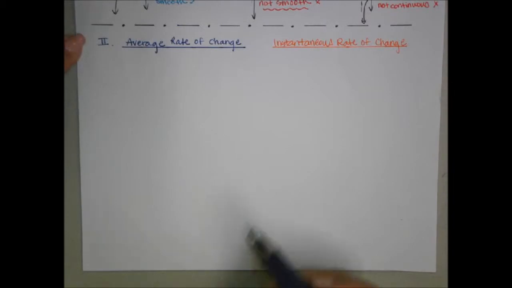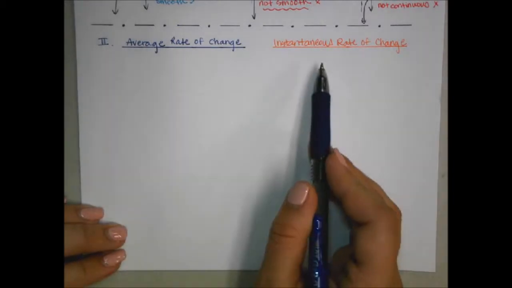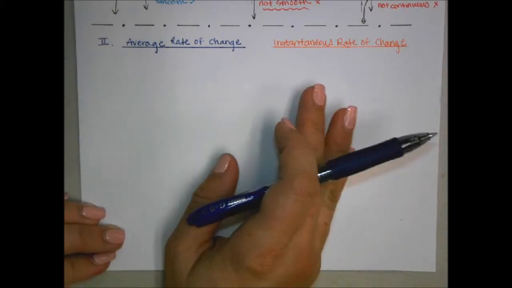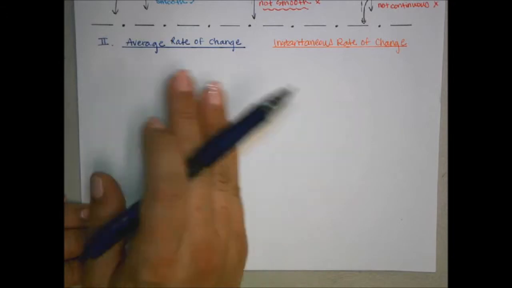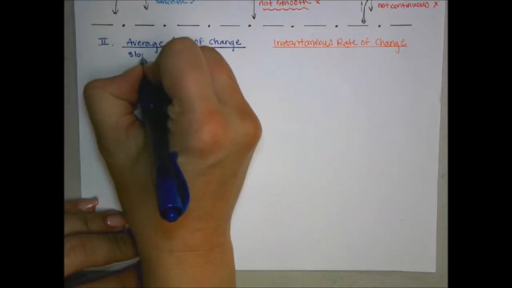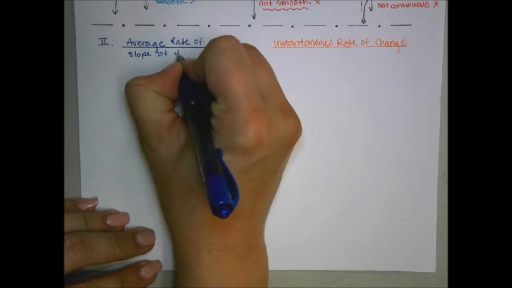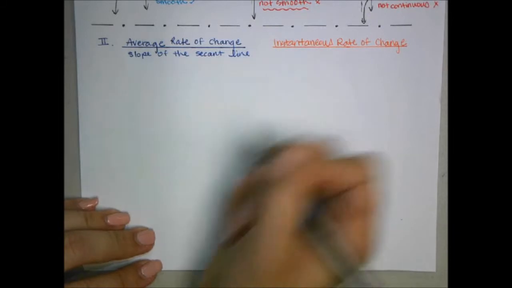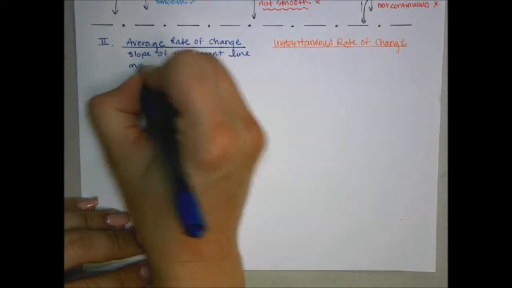In part 2, we're going to compare the average rate of change to the instantaneous rate of change. You'll remember I talked about these two things in our Objective 1 note. The average rate of change was the slope of the secant line on an interval, so we'll say on AB.